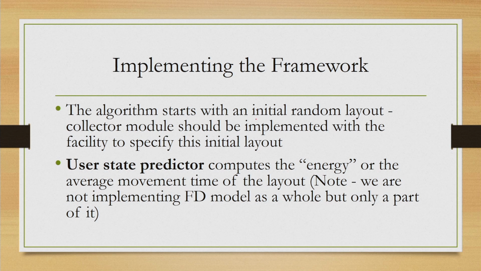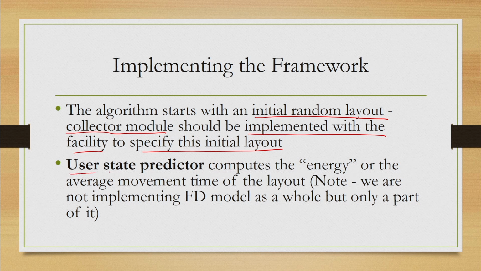Now, with this basic understanding of the algorithm, let us see how we can implement the framework. The algorithm starts with an initial random layout. That means, initially we place the keys randomly. So, the collector module that we design should be implemented with the facility to specify this initial layout. In other words, we should be able to specify the key width and key sizes, where the layout is randomly generated.